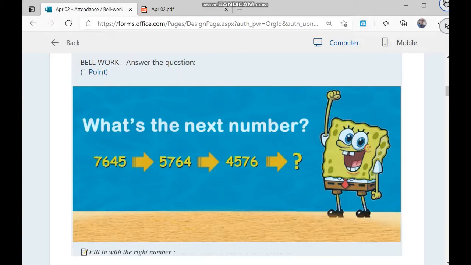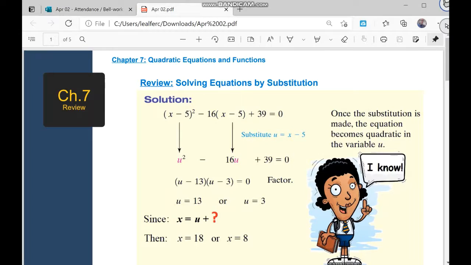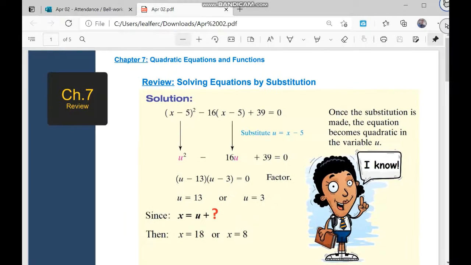But before going to the easier stuff, let's review real quick what we have seen yesterday. The hard stuff, solving equations by using the substitution strategy, right?